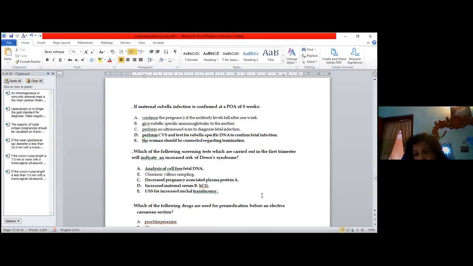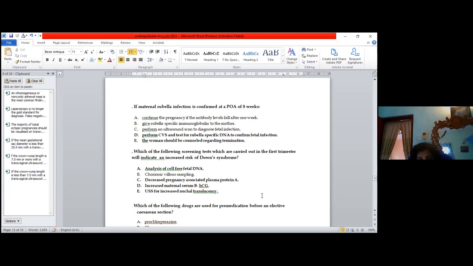Presence of IgG in the first sample doesn't indicate infection because it could be due to immunity. But presence of IgM in the first sample indicates infection. A fourfold rise of IgG in the second sample done 3 weeks later, or presence of IgM, indicates an acute infection. So that is how you diagnose maternal rubella infection.